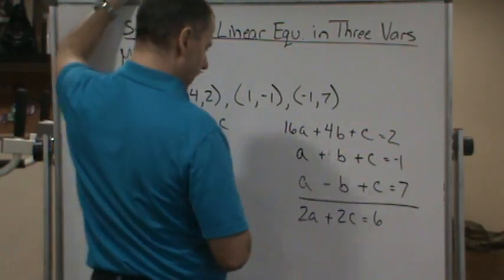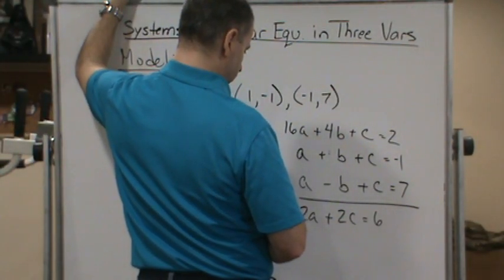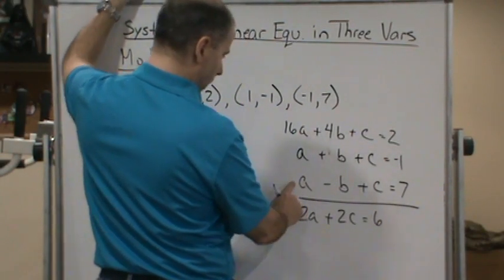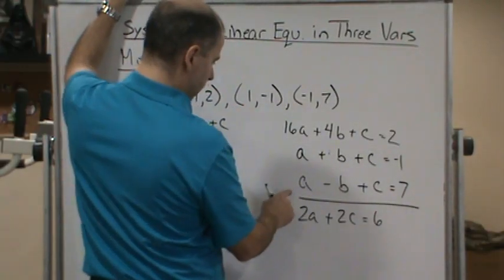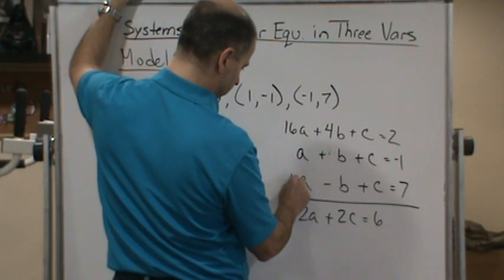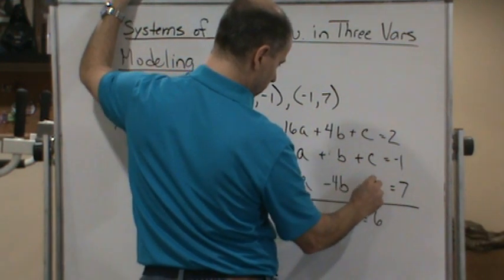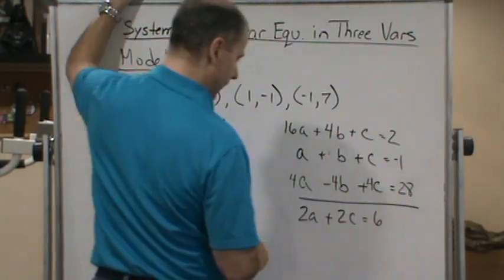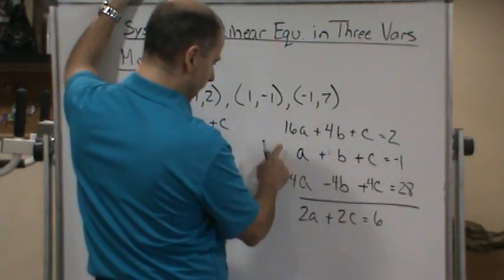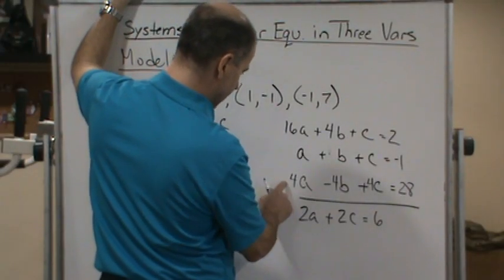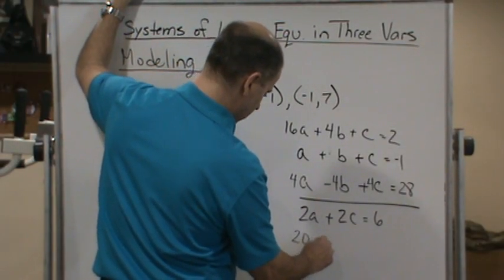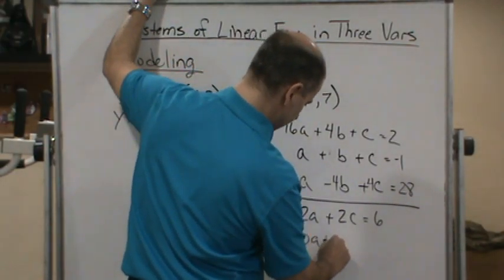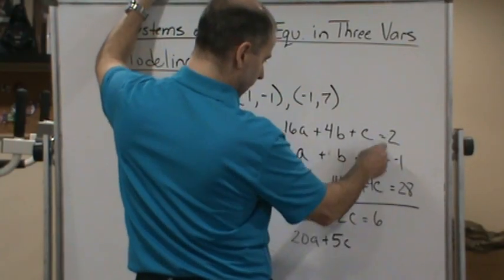Now, if I take 4 times the third one and add it to the first one, what do I get? So if I take 4 times the third one, that gives me 4a, -4b, 4c, and 28. If I add these together, I'm going to get 20a, the b's cancel out, 5c, and 30.